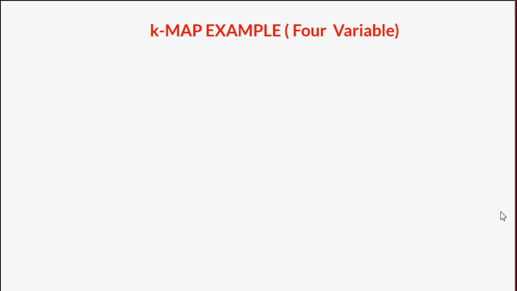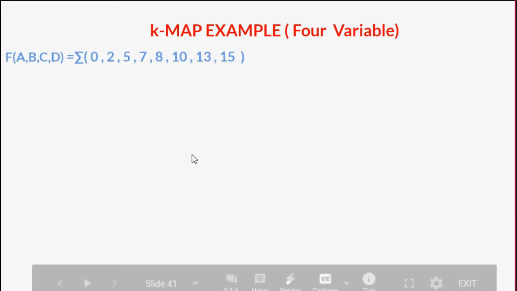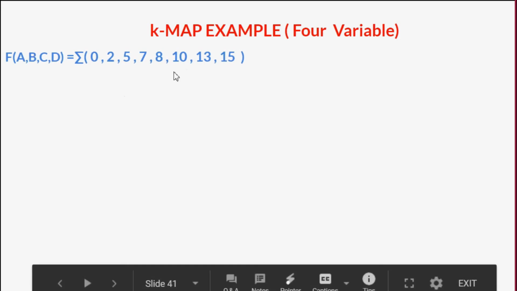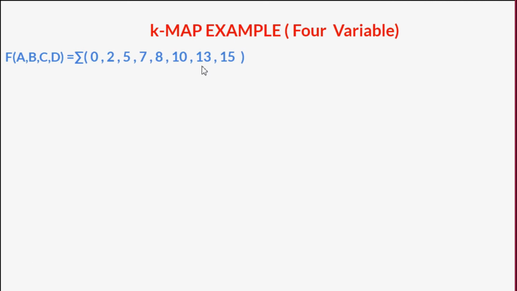First of all, let's have a look at the expression. In this way, this equation is going to come. I told you in the earlier video that I had written that combination just to make you understand, but actually this is how your question is going to come whenever you simplify your expression using K-maps.